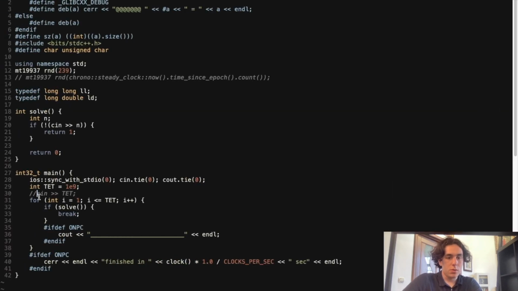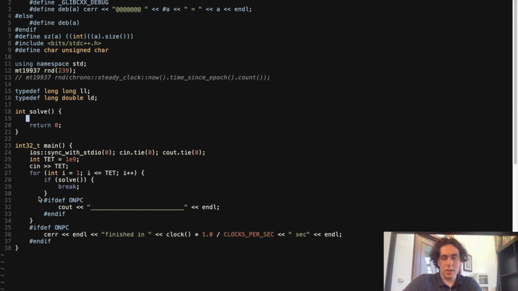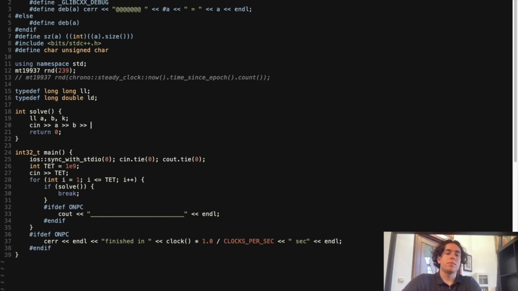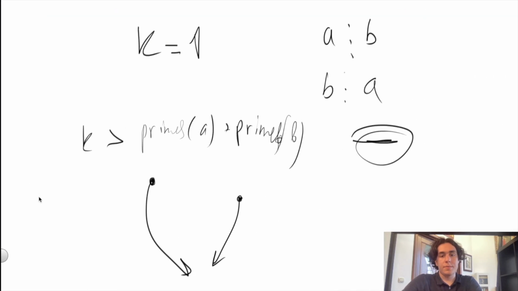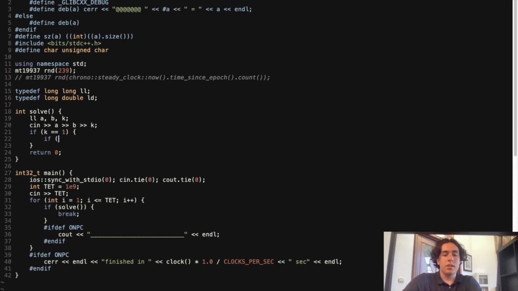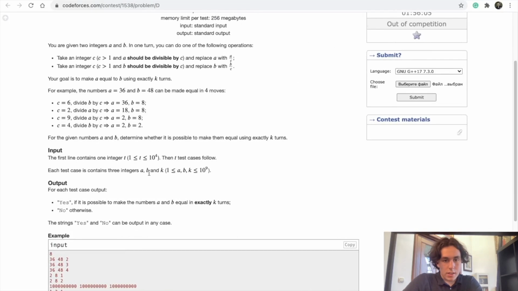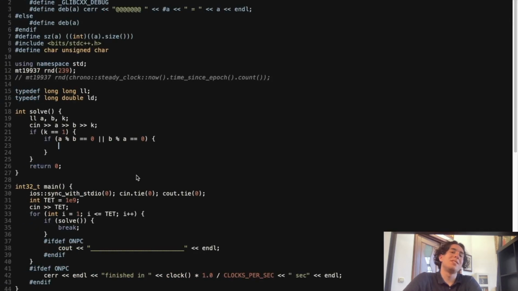Okay, so we take A, B, K, and if k is equal to 1, A % B is equal to 0, or B % A is equal to 0. Oh, they can be equal.